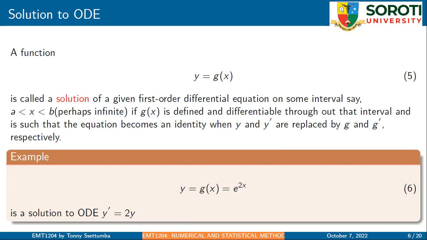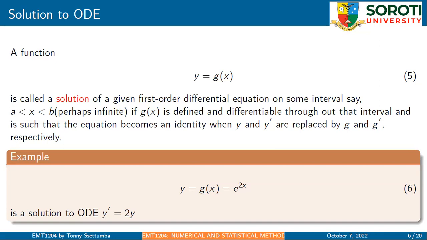Okay, so we can say that a function y equal to g(x) is a solution of a first order differential equation on some interval, say a up to b. Perhaps this interval can be infinite, or it can be finite.